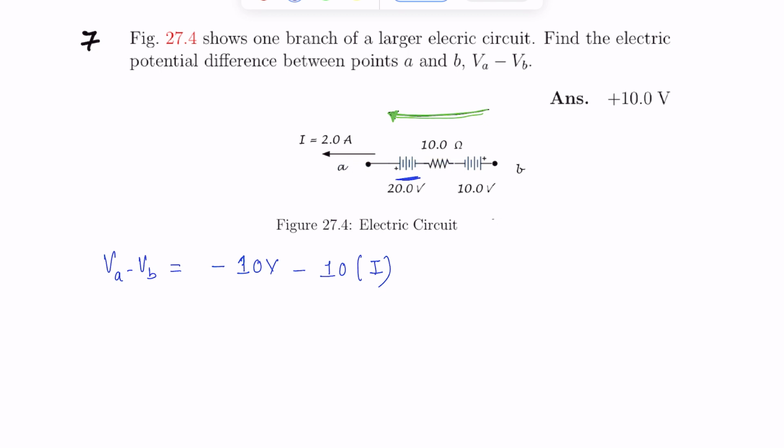That means what you're going to use here is positive 20 volts, and so it's just minus 10 times 2 plus 20, and that should be minus 10 volts. VA minus VB. And we have the answer to be plus 10 volts.